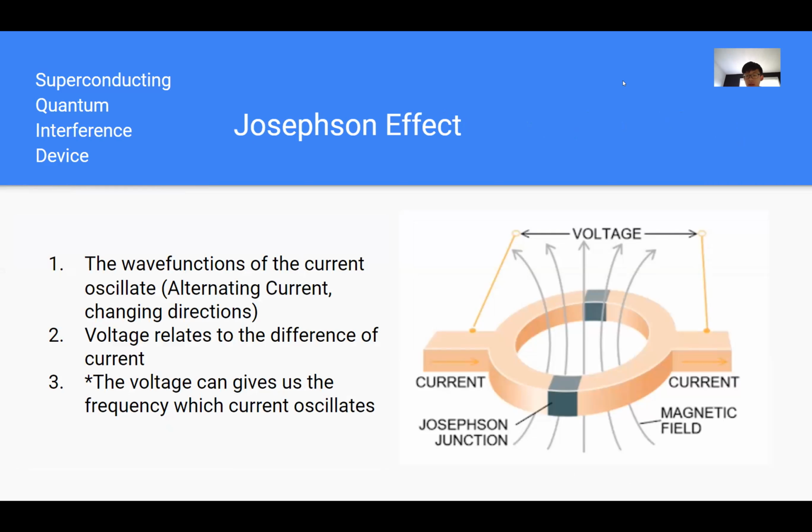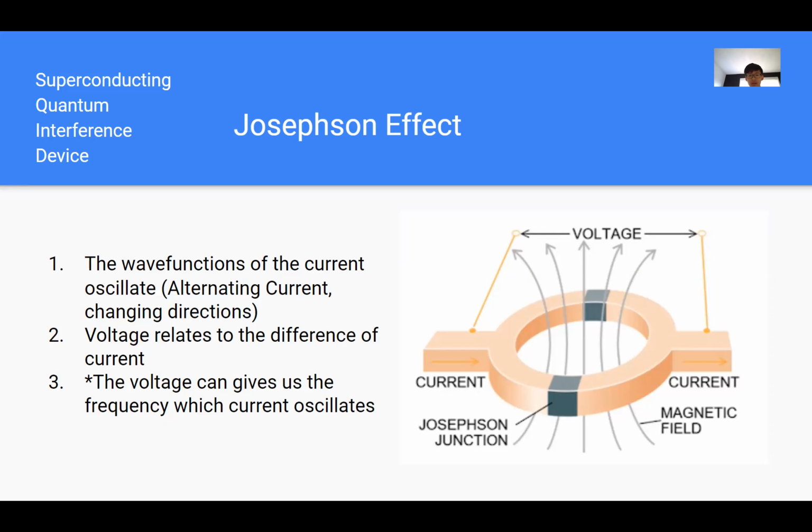If they tunnel through the Josephson junction, some interesting things will happen, such as there will be an alternating wave in this junction. Current can change directions, and voltage will relate to the differences of current. Since current is alternating, it's oscillating between positive and negative numbers.